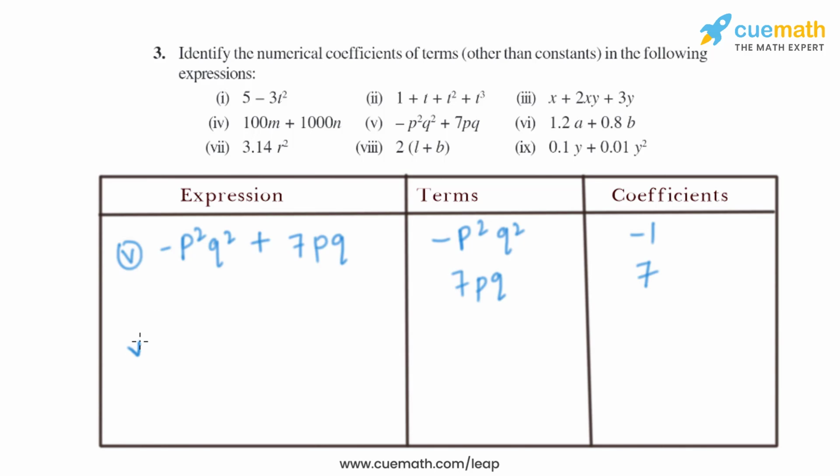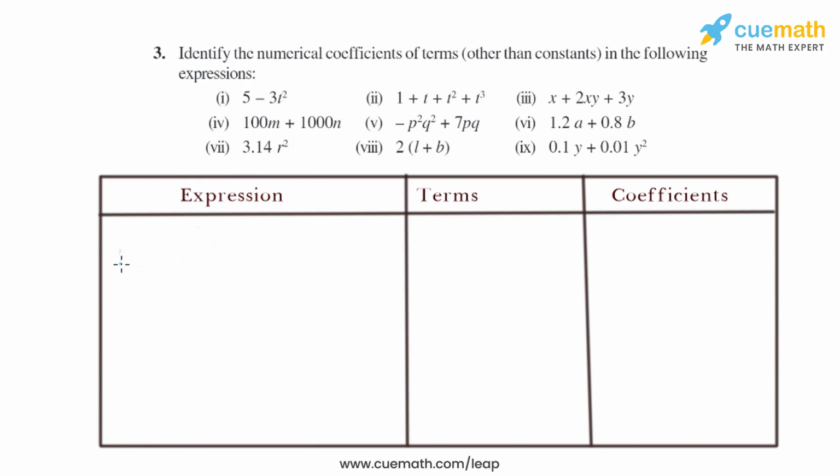In the sixth part, the expression that is given is 1.2a plus 0.8b. So the terms are 1.2a and 0.8b. As a and b are variables over there, its coefficients will be 1.2 and 0.8.